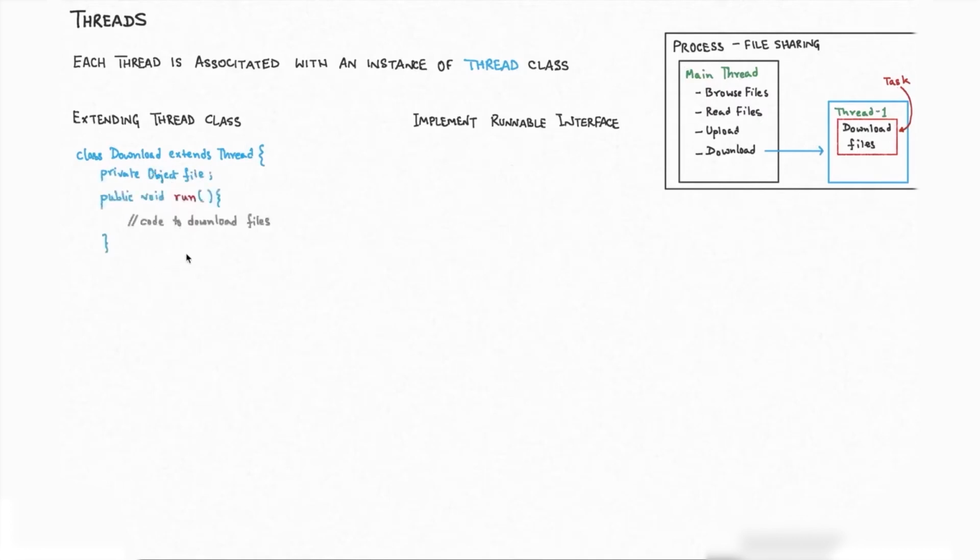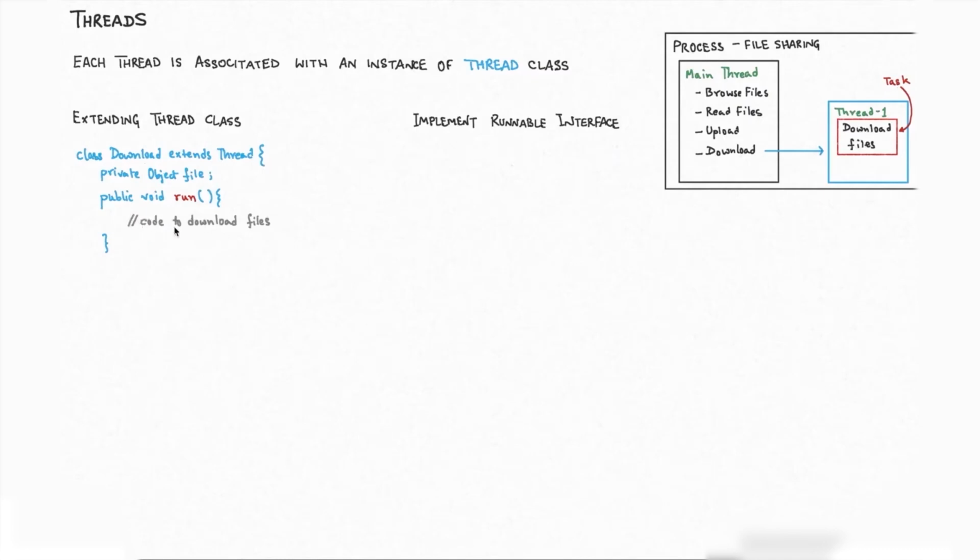The most important method that we need to define is the run method. Whatever task we want to carry out using a thread will be defined inside the run method. Here our task is to download files, so the code that defines that task will have to be written in the run method. So the run method is extremely important because it defines what task a thread will carry out.